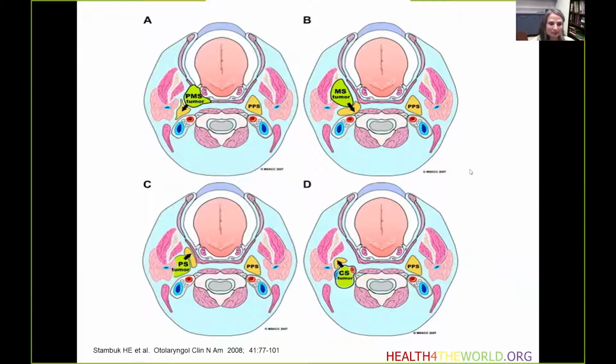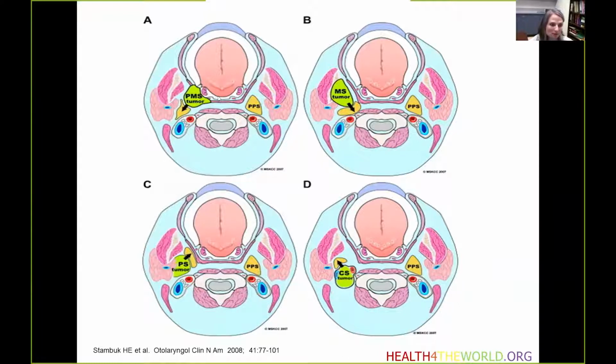This slide demonstrates the true importance of the peripharyngeal space to the radiologist. Because of the relationship of the peripharyngeal space to the adjacent spaces, we use the fat within the peripharyngeal space to determine the origin of a lesion. What do I mean by that?